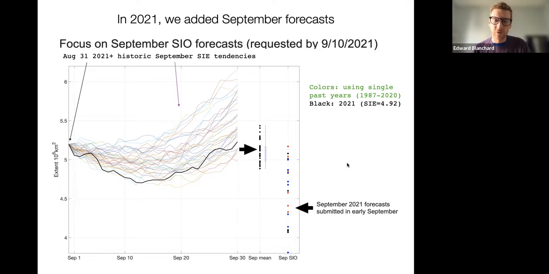On the rightmost column in colors are the forecasts in September 2021 from the Sea Ice Outlook. If these forecasts are below the black cluster here, that means the forecast would have required an unprecedented rate of change in September sea ice extent. So we can use this to place confidence in, or highlight issues with, some of our forecasts.